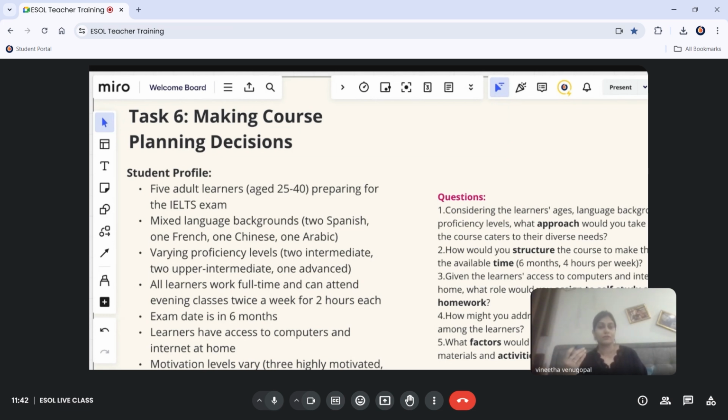Okay, so we don't have to work a lot on the speaking, because they can always pick up. So the factors would be all of these, like age, language backgrounds, the proficiency levels, and whether they can attend it, everything, the motivation levels, their access to the computer. So all these are the factors that I have to consider when I design the course materials and activities for this group. So that's all I have to say, I guess.